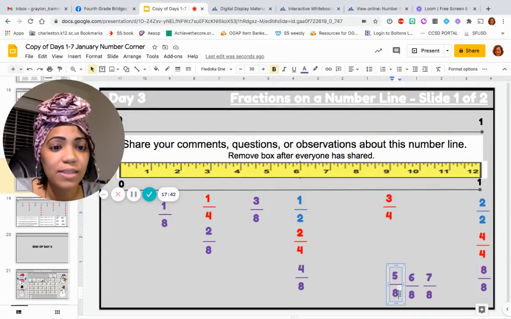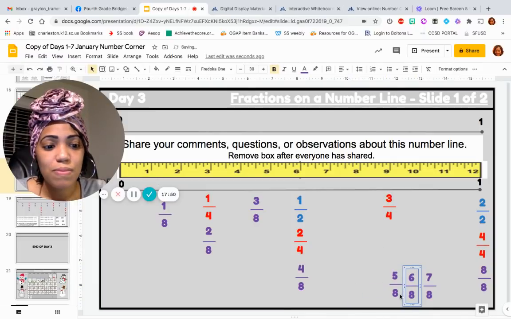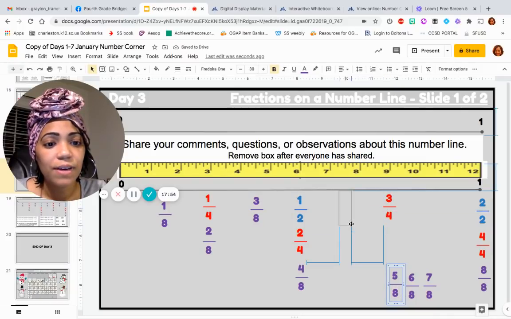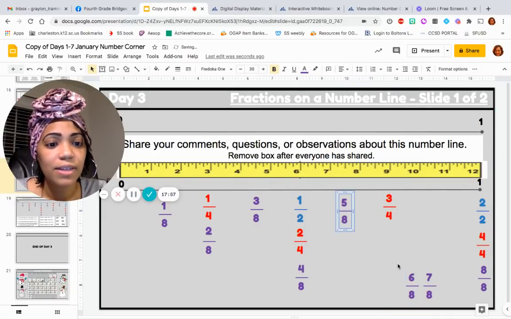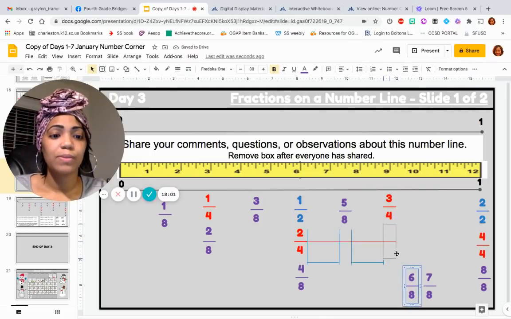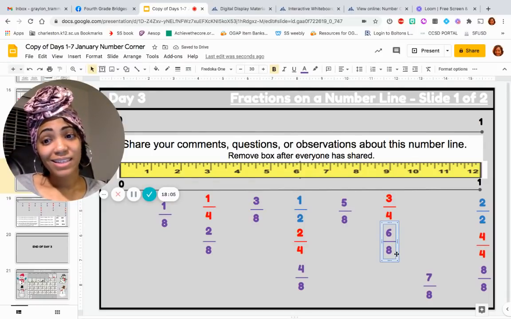Good. Let's try that again. 5/8 is 7.5. 6/8 is equivalent to 3/4, which is 9 inches. So I took 1.5 and multiplied it by 6.